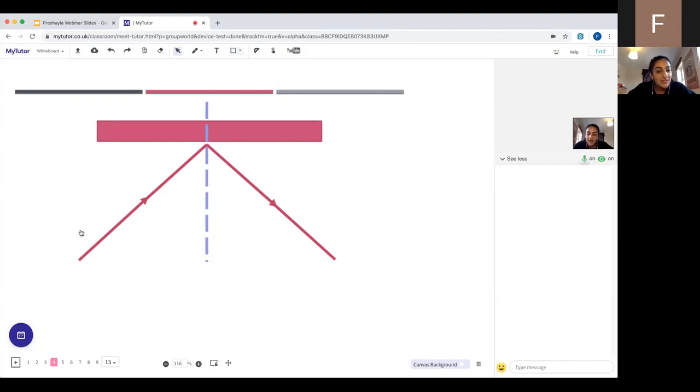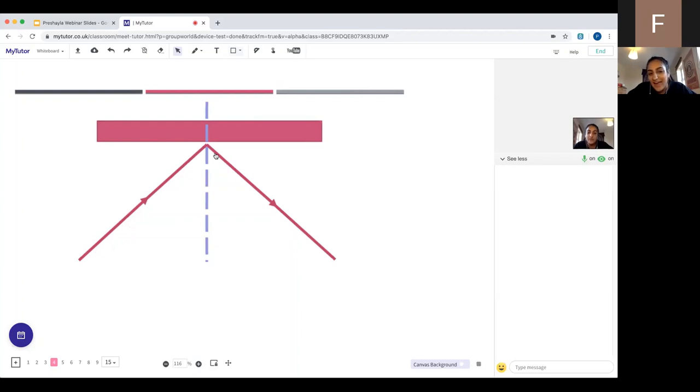Okay, and you can see that they're at the same angle to the normal. That's the same angle there as it is there. So that's really important when you're drawing the ray diagram for reflection. Only for reflection, the angles need to be the same. Refraction is different, but for reflection, it's the same angle.